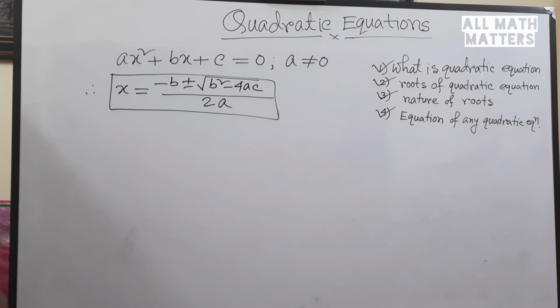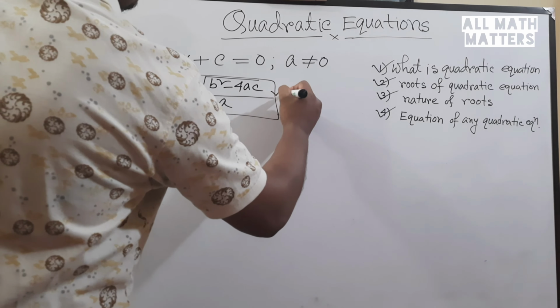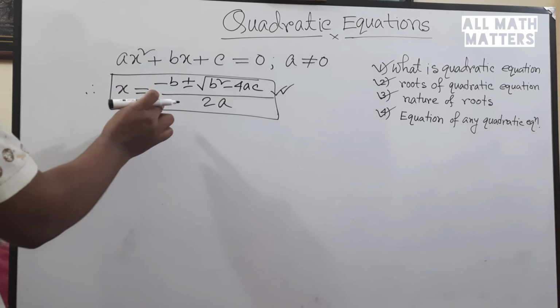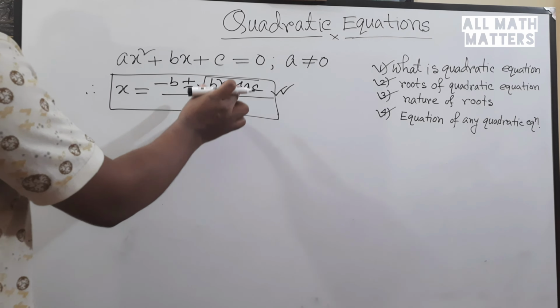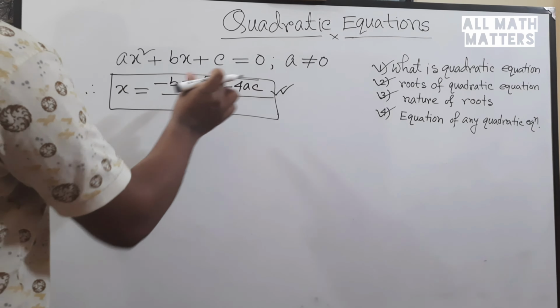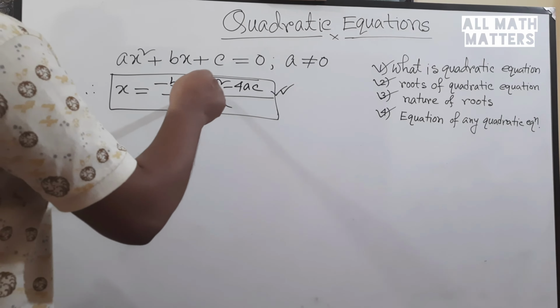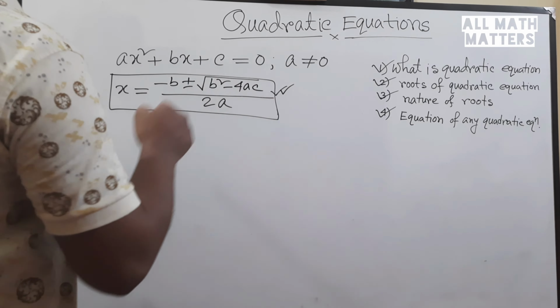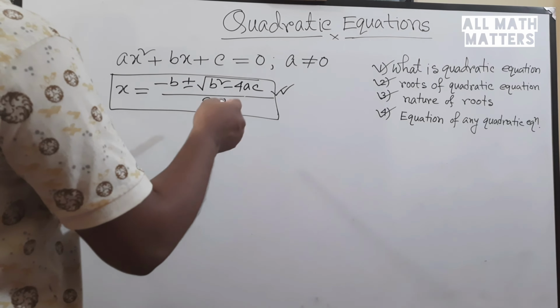We can find out by doing only one thing. If you look carefully at these roots, here −b and 2a cannot be changed, but inside the root, b² − 4ac can be changed, because by changing the values of a, b and c, this inside value can be changed.